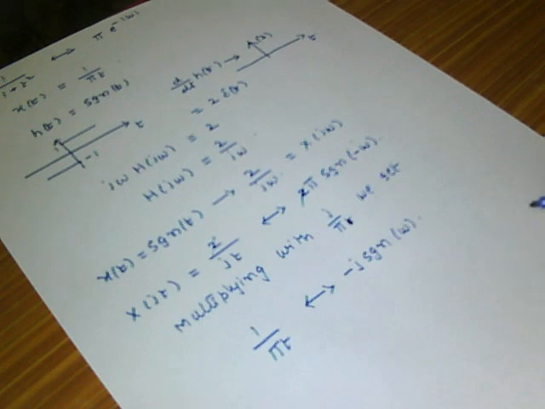So 1 by pi t will have minus j into signum of omega.